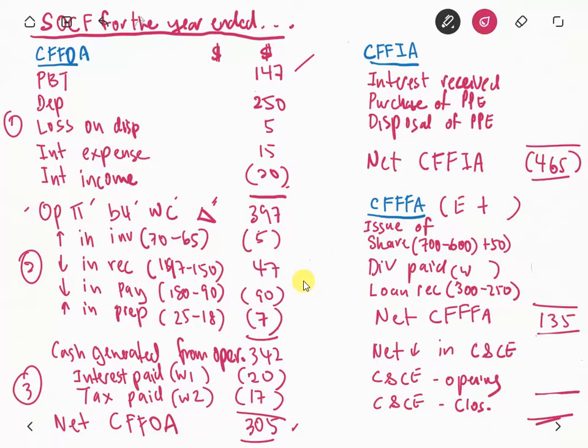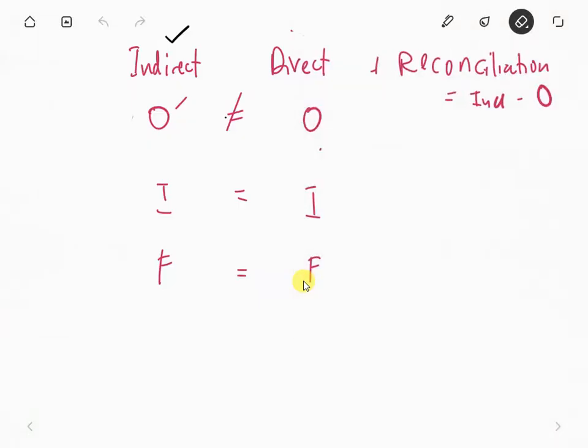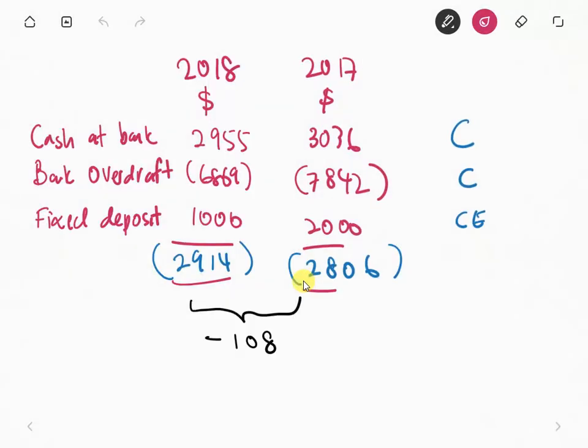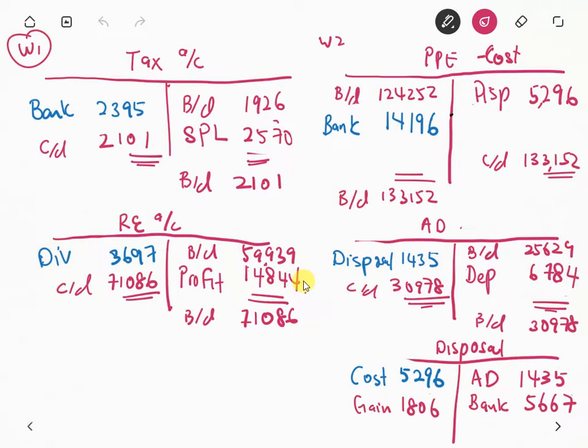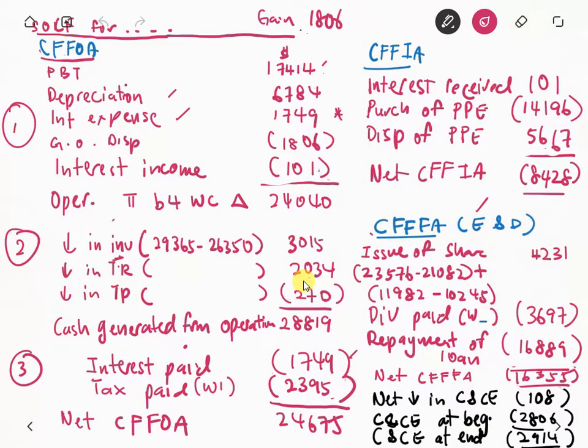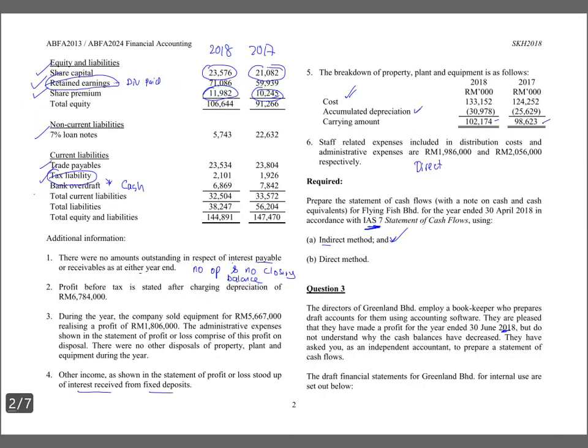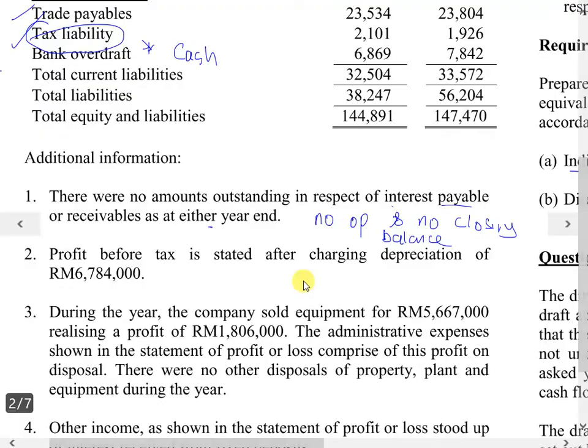So you have cash generated from operations. This one, by right, we do not know yet. After that we will look at interest paid. Interest paid, last week's tutorial, interest note 1.